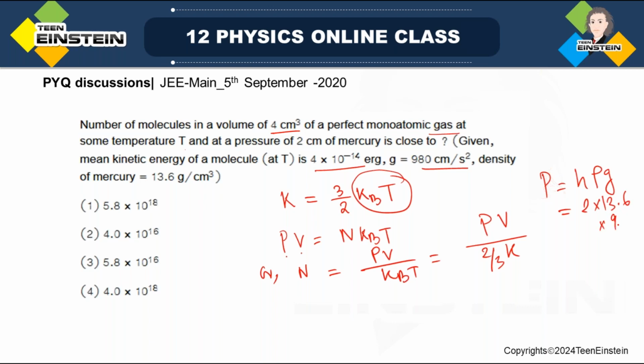So if we put all these values, P is 2 into 13.6 into 980, times the volume 4 centimeter cube, divided by, with 3 multiplied in the numerator, 2 here, and the kinetic energy is 4 into 10 to the power minus 14 erg. So ultimately it will give you a number.